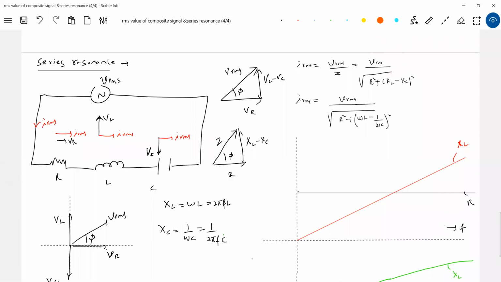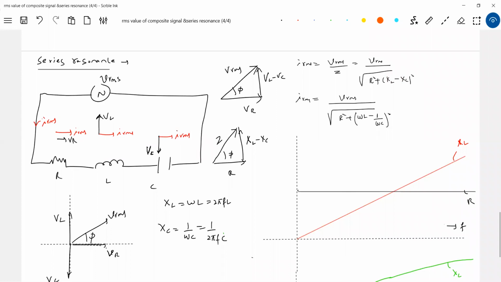So what's happening to current? Current is going to increase, becomes maximum, then decreases. It's a rough diagram.